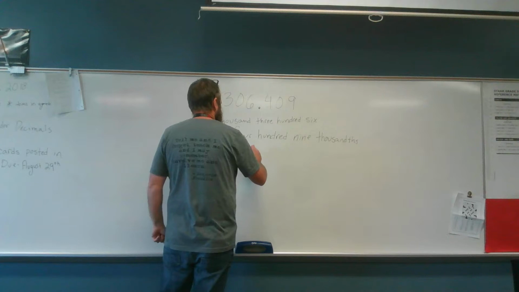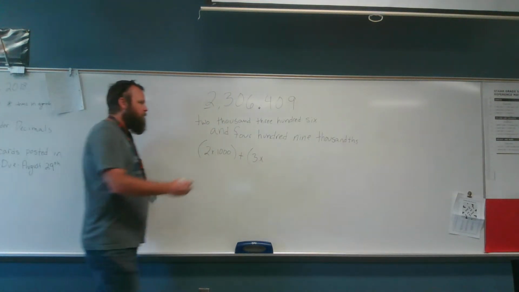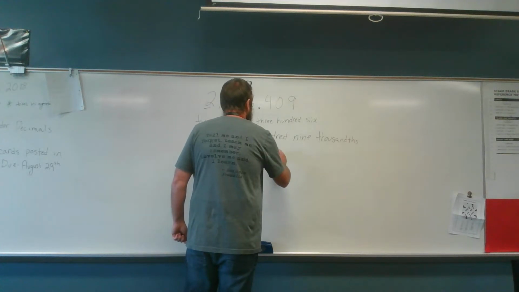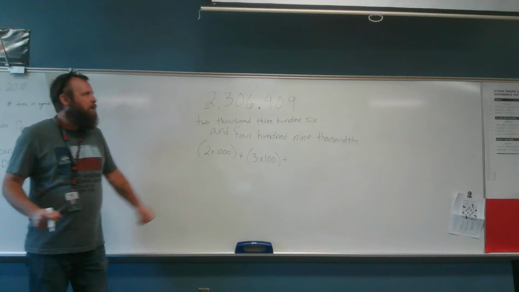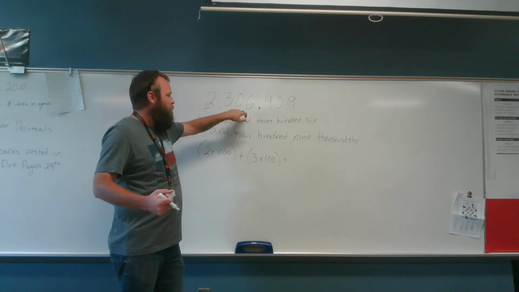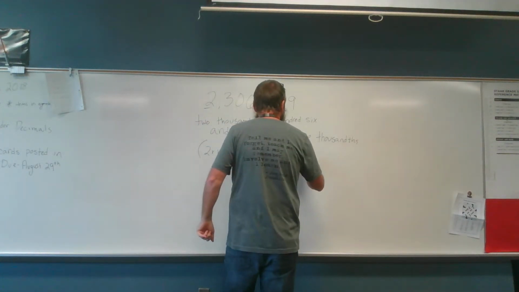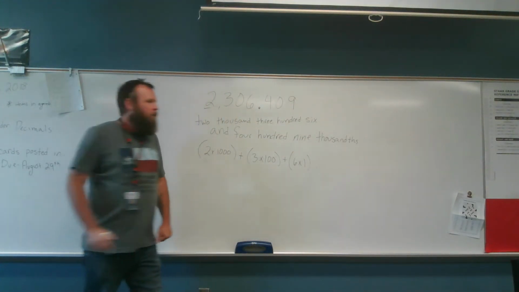Plus 3 times what? 100. Plus, what goes next? 6. We don't have 0 times anything, because that's just going to be 0. 6 times what? 1. Times 1. Okay?